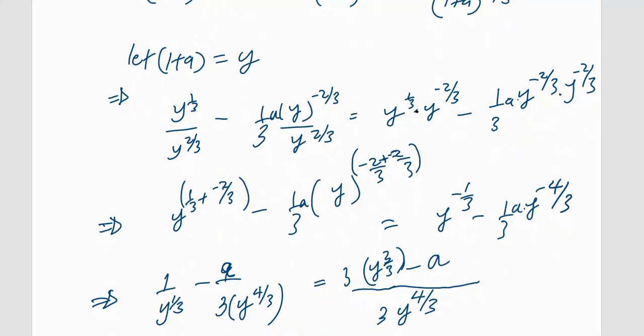So this becomes y to power 1/3 plus negative 2/3, because remember I have the same base and I am multiplying, so I add powers.